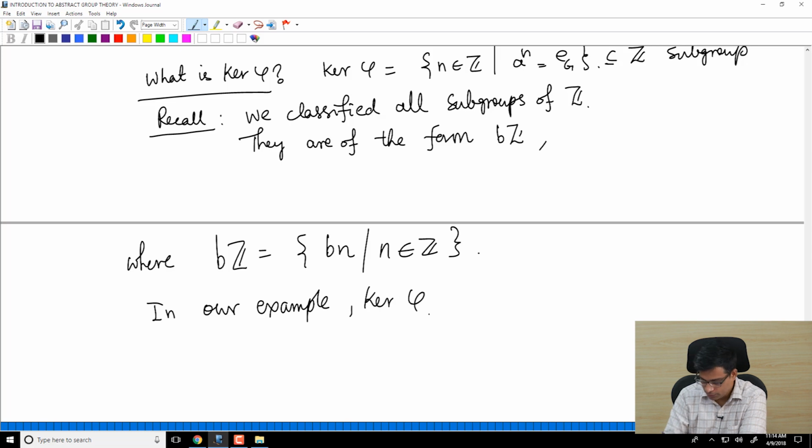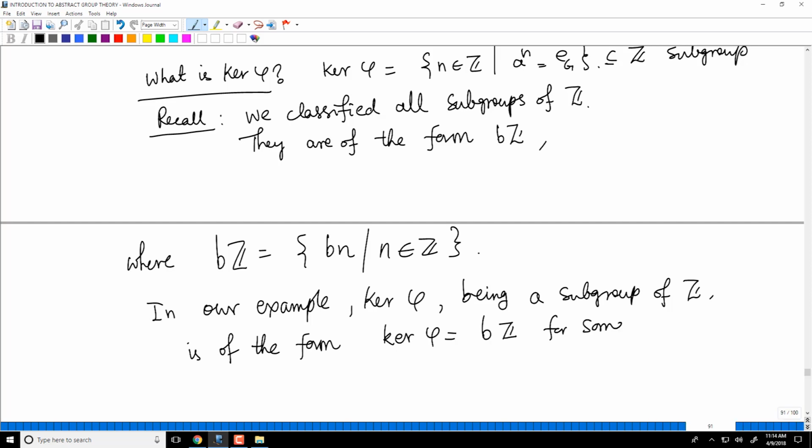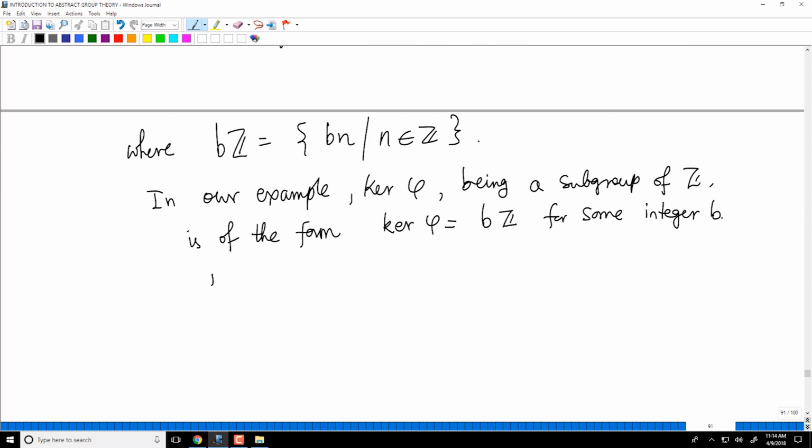So in our example, the kernel of phi, being a subgroup of Z, is of the form bZ for some integer b. In fact, b is a non-negative integer.